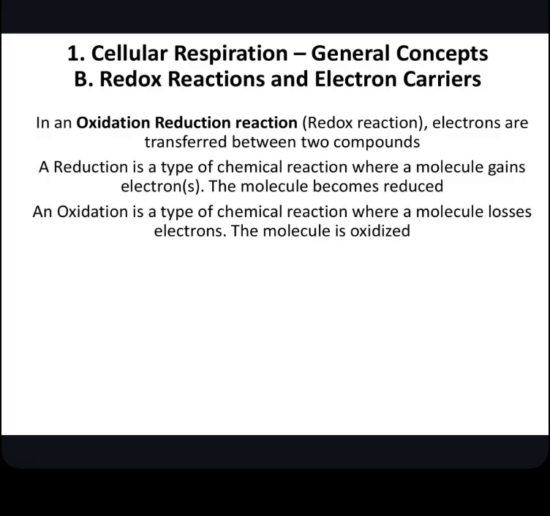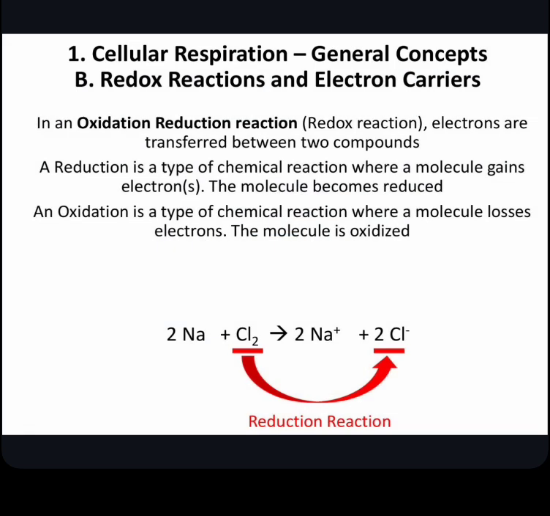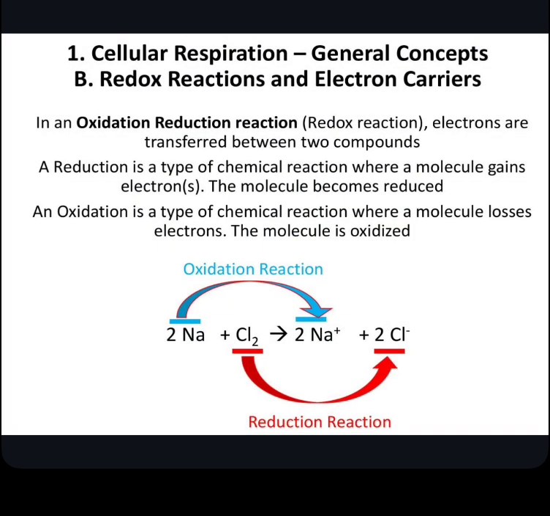Okay, so let me give you an example of a redox reaction. Here you have 2 atoms of sodium and 1 molecule of chlorine, so 2 chlorine atoms. First you have an oxidation reaction.